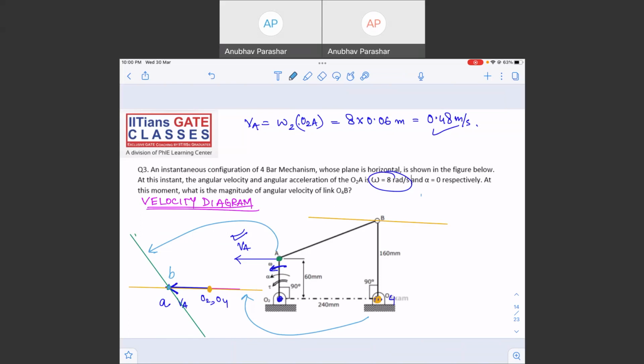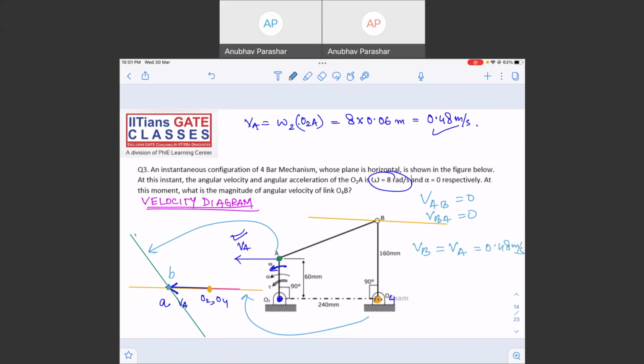What does that mean? That velocity AB is equal to 0. Velocity of A with respect to B, or velocity of B with respect to A, is equal to 0 because the distance AB is 0. But velocity of point B is equal to velocity of point A, which is 0.48 meter per second.